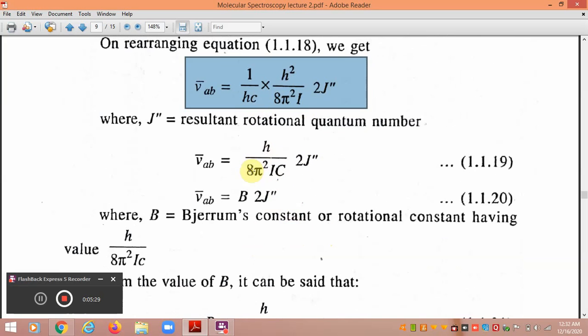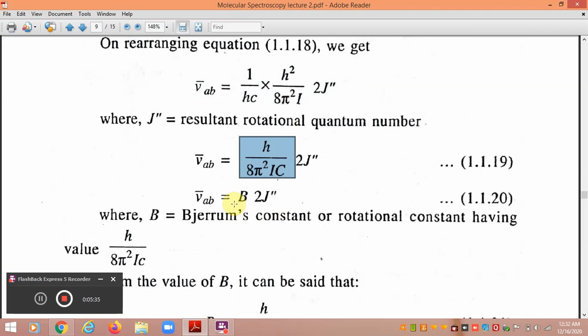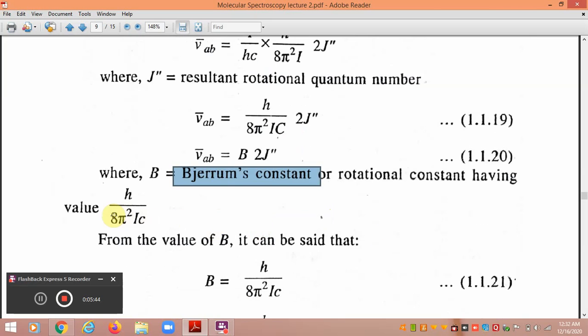Here h is a constant, pi is a constant, and I and c are constants, and instead of this combination of constants we will take another constant B. This B is called the Jerome constant, or the rotational constant, which is equal to h upon 8 pi square into I into c.